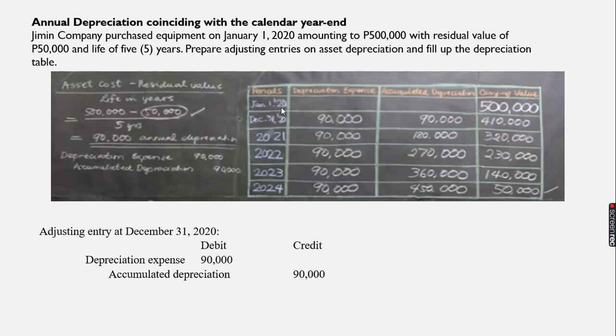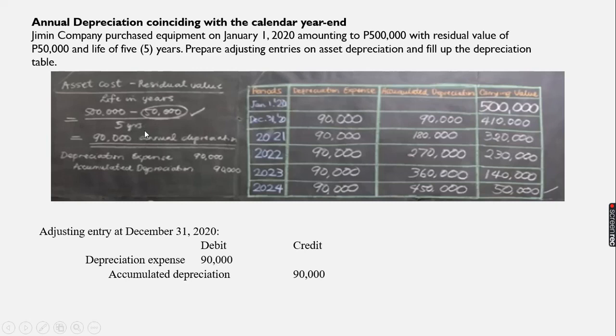I-prepare natin yung adjusting entry on asset depreciation and fill up the depreciation table. So, ito yon. Ang asset cost niya is 500,000 and i-less natin yung residual value which is 50,000, and then i-divide natin siya ng 5 years.